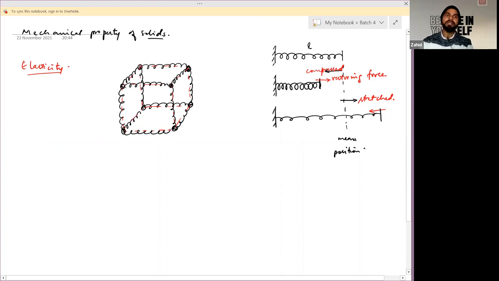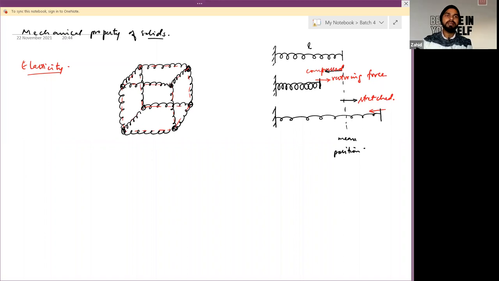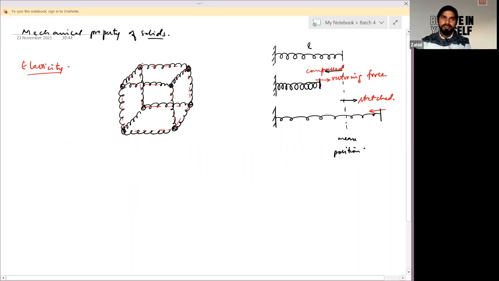Now, if you apply a deforming force on it along any direction to deform this solid to this point, due to the elastic or restoring nature, a force will develop to regain its original shape or configuration. This property of solids, similar to spring-like behavior, is termed elasticity. Nabila, is it clear?